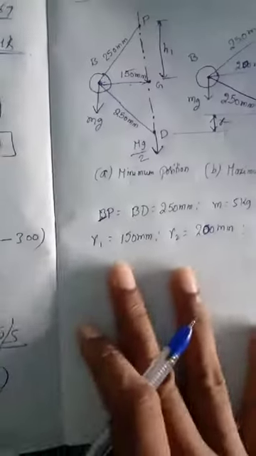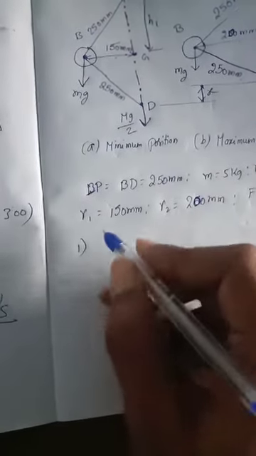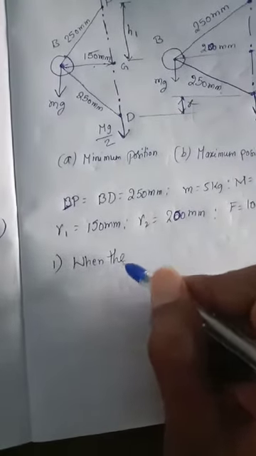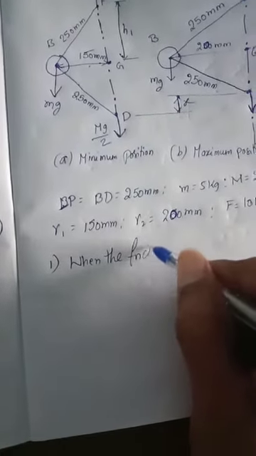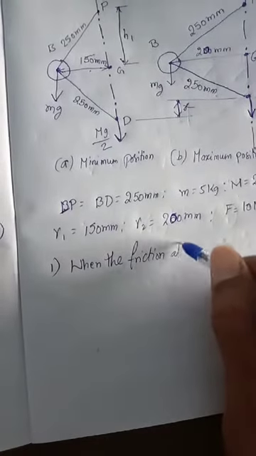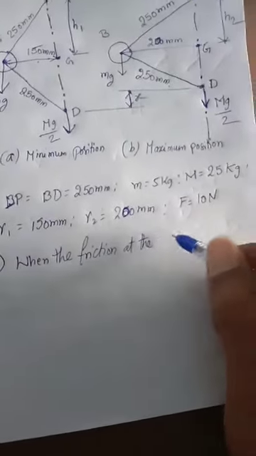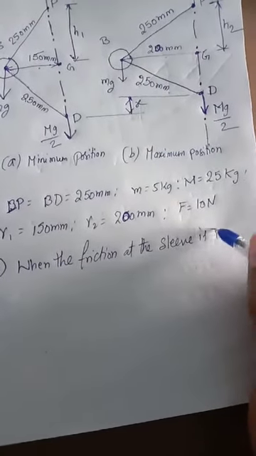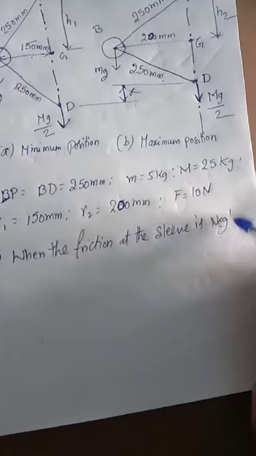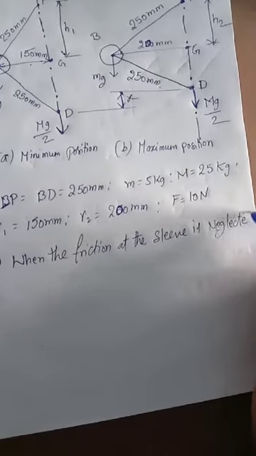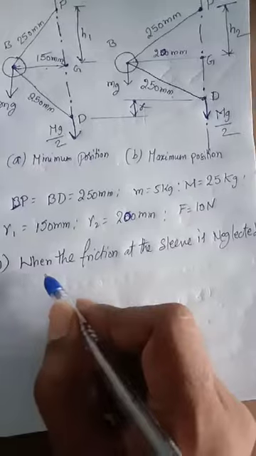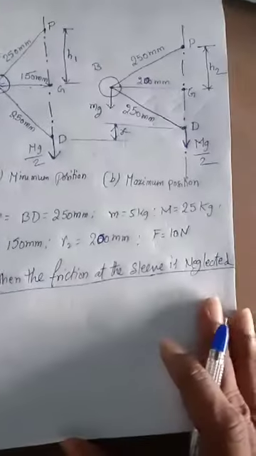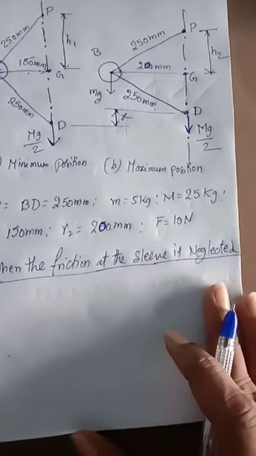Okay, so the first case: when the friction at the sleeve is neglected. First of all, let us find the minimum and maximum speed of rotation.